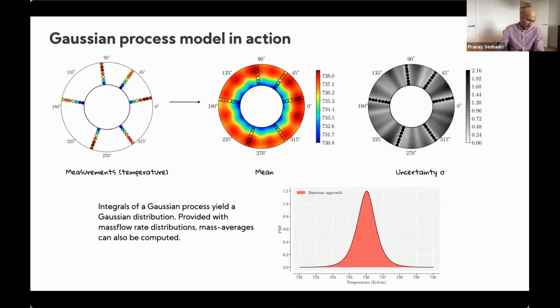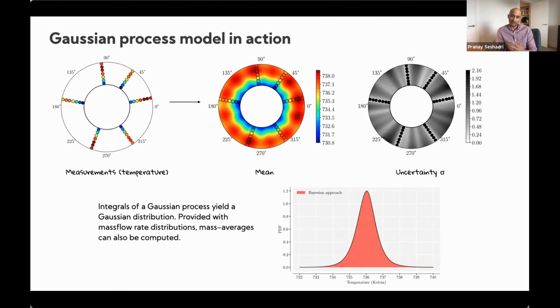As I mentioned before, one can take linear operators of Gaussian processes and also arrive at a Gaussian distribution. So in this case, we take the area average of this Gaussian random field, and we end up with an actual temperature average. This is actually the true area average temperature.